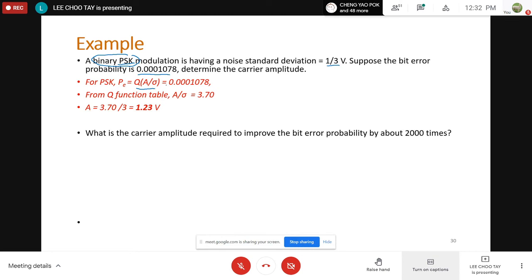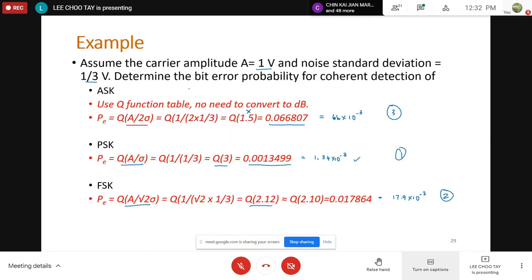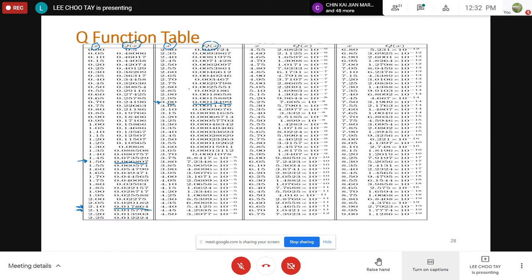So you refer back to the Q function table, 0.001078. This corresponds to an X value of 3.7.